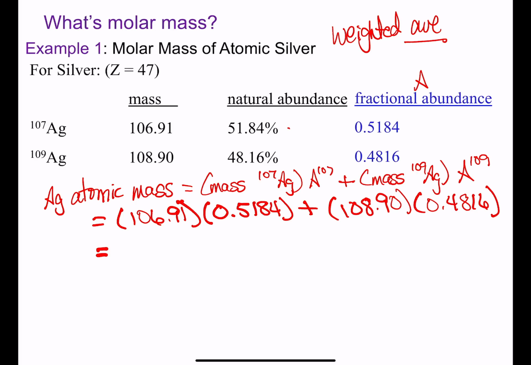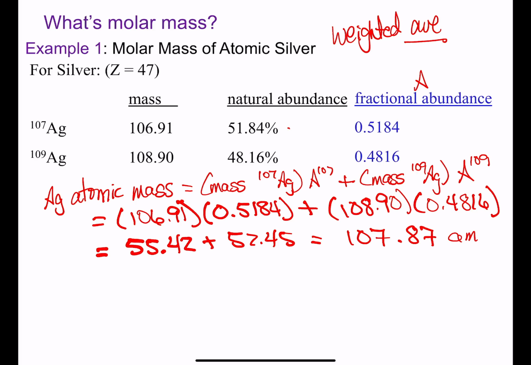If we multiply these out, we will get 55.42 plus 52.45, which is equal to 107.87.